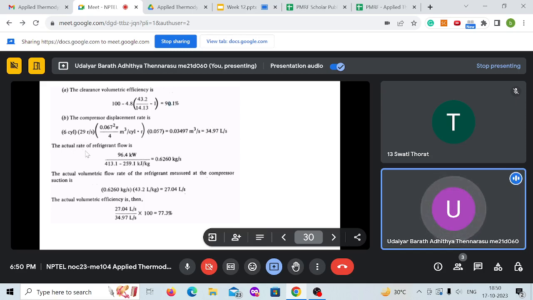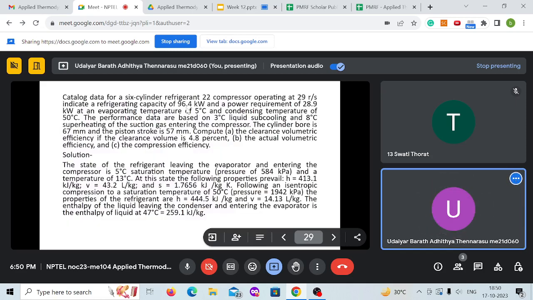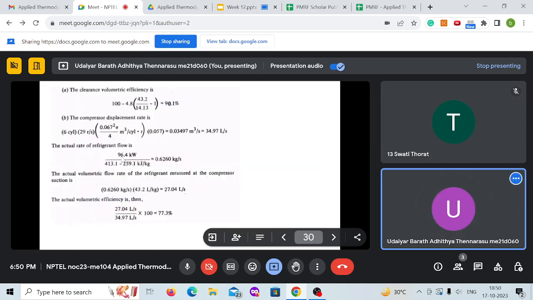The actual rate of refrigerant flow: the refrigerating capacity is given as 96.4 kilowatt. So 96.4 kilowatt divided by the refrigerating effect, H1 minus H3 or H4, will come out to be 0.626. This is the actual mass flow rate. Now converting it in terms of volume, you multiply with the specific volume.